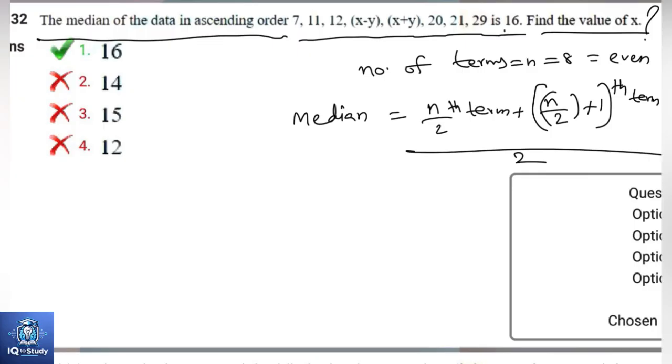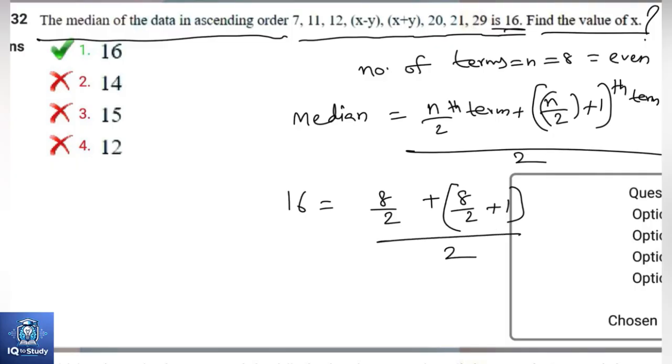According to the question, median is 16. So 16 is equal to 8 by 2 plus 8 by 2 plus 1, divided by 2, which means 4th plus 5th terms divided by 2.